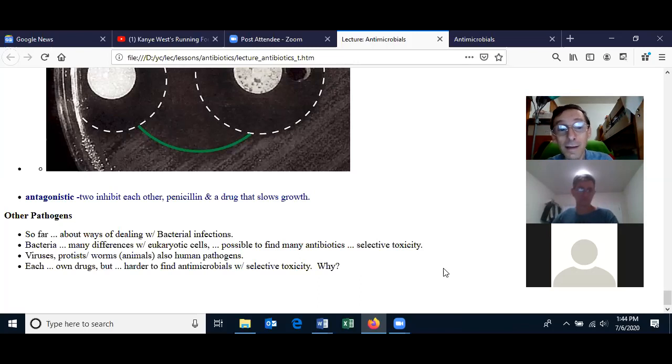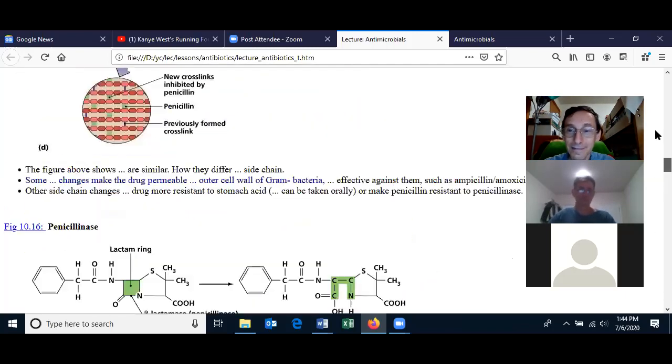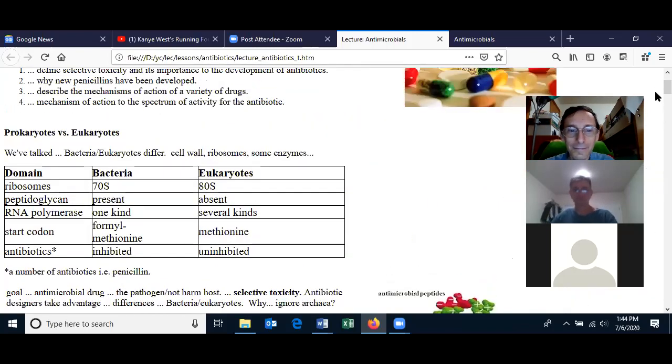Okay, what about the protists and the worms and the yeast? Why has it been harder to find a drug that's selectively toxic on those cells? I'll give you a hint. Remember this table here?